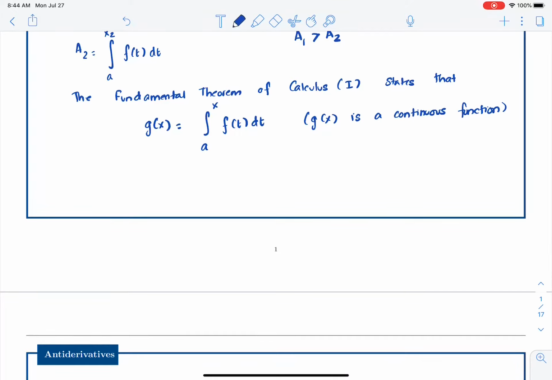As an example, I can relate this to what I used up there. So here, if I plug in x1, g of x1 would equal the area A1, and g of x2 would equal the area A2. So I could pick any x, and I could come up with a continuous function that represents the area under the curve.